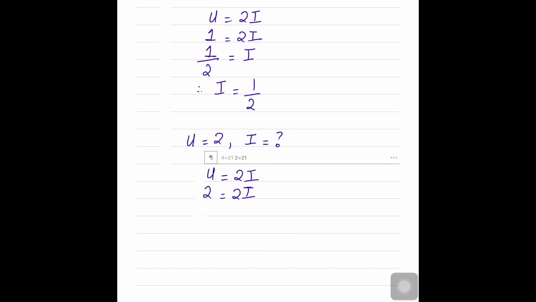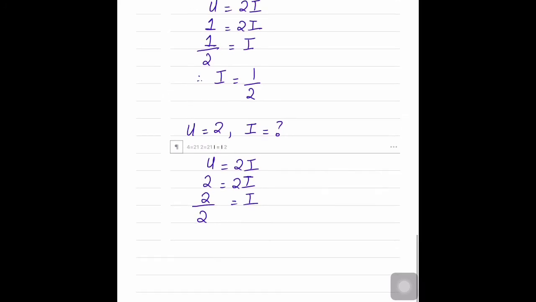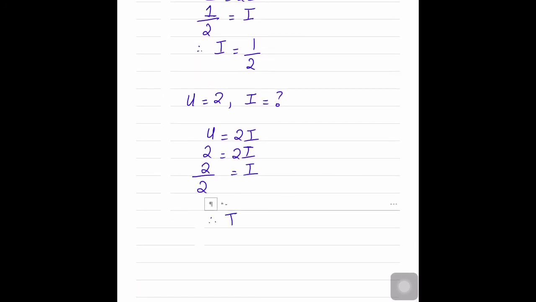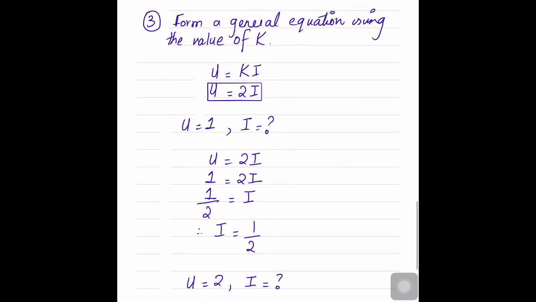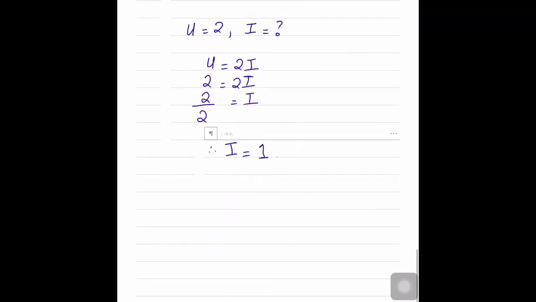So 2 and I are being multiplied, so we'll take it to the left side, so it will be divided by 2, so I is 1. When u is 2, I is 1, and when u is 1, I is 1 over 2.